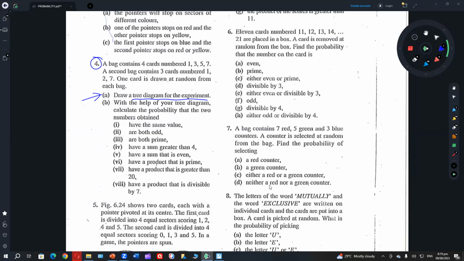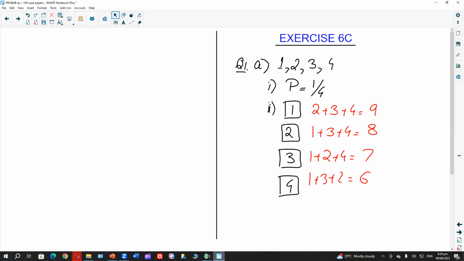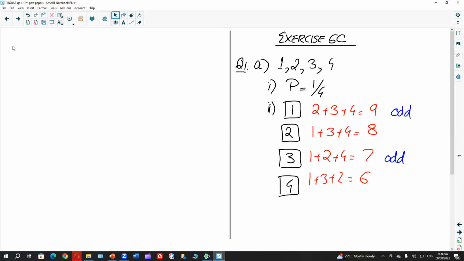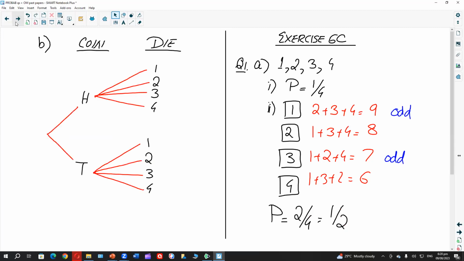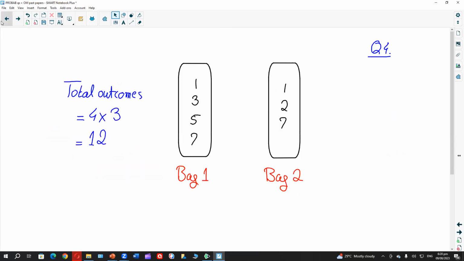First, you should see how many bags there are. There are 2 bags. Very good. And what are the numbers in the bags? Cards. One bag has 4 cards, and one has 3. In the 3 one it is 1, 2, 7, and the other bag has 1, 3, 5, 7. Good.